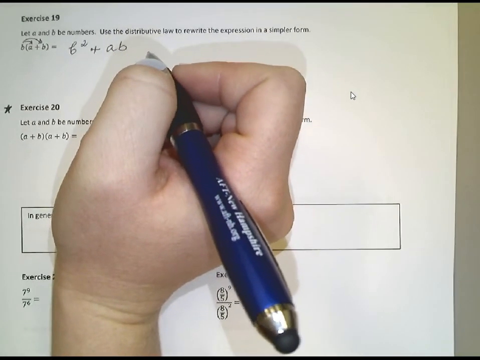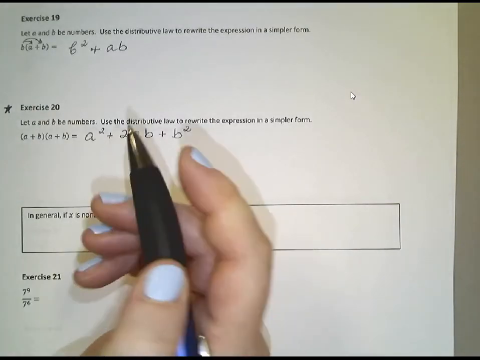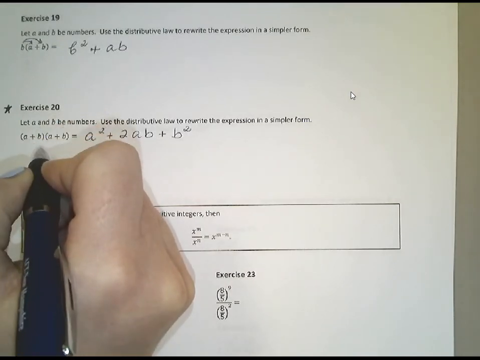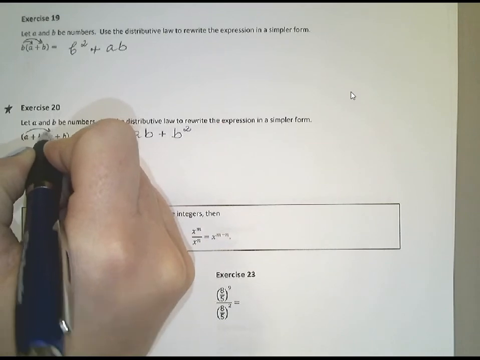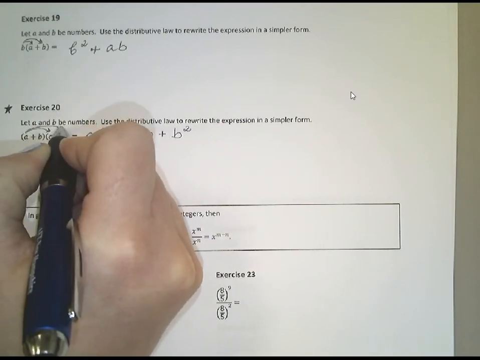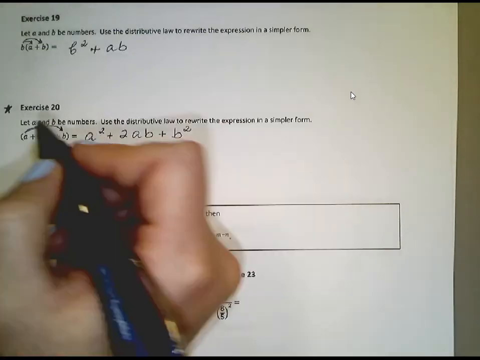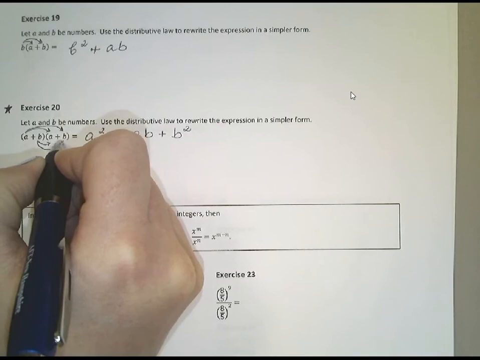Exercise 20 is a little bit tricky. That's why I put a star next to it. Basically, what you want to do is multiply a by both a plus b. So that's a distributive property that we are using. And then we'll have to multiply b by both b and a.